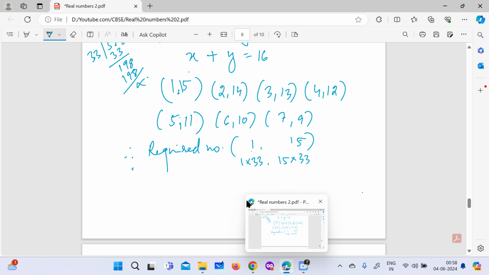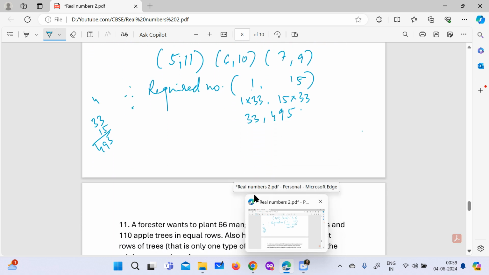So this will be your one number, 33, and just multiply and you will get the other. That is 33 times 15. 15 times 3 is 45, 15 times 3 is 45, and then you get 495. Like this we can form many number pairs. I hope this is clear to everyone.